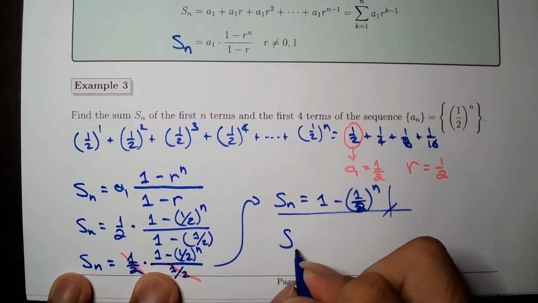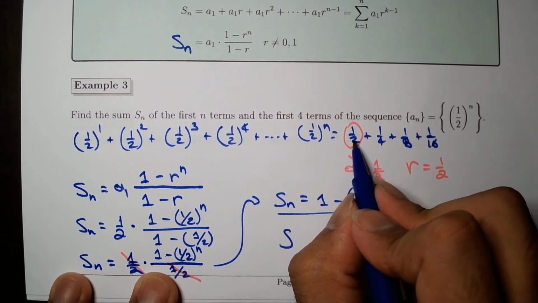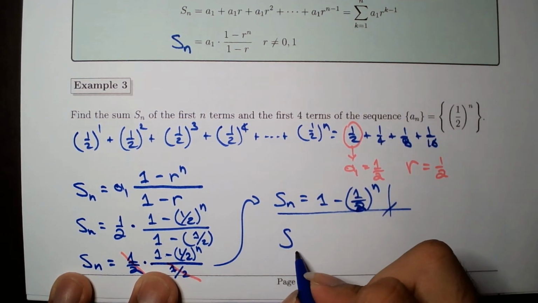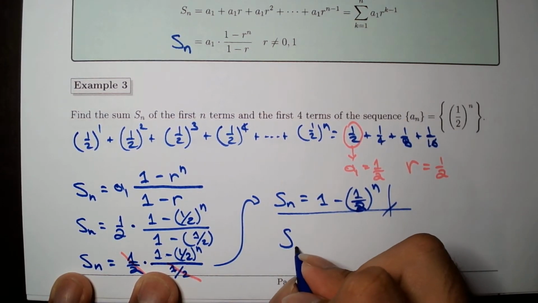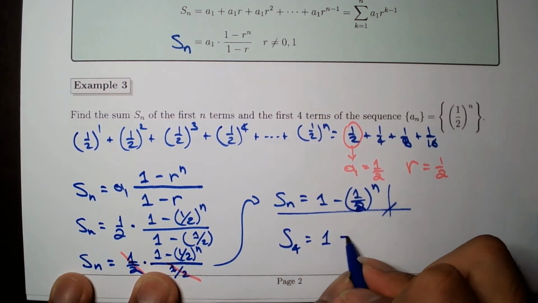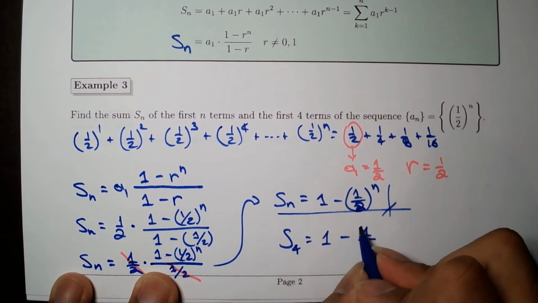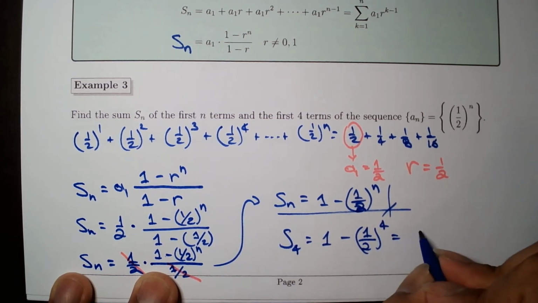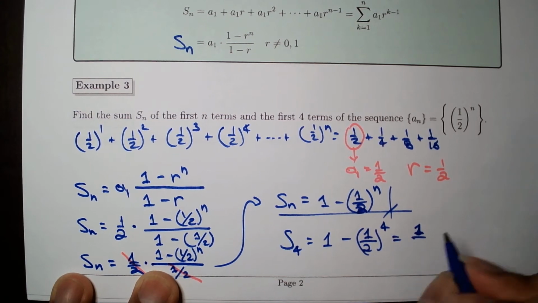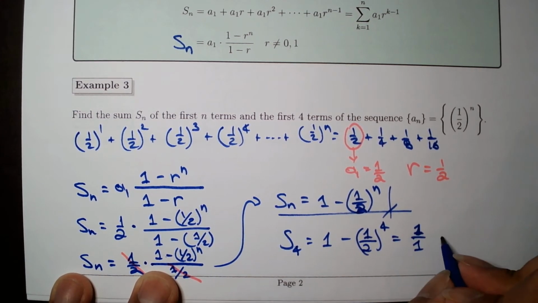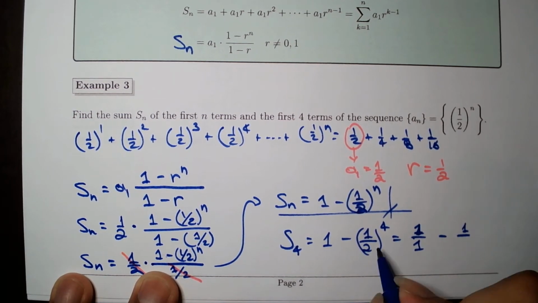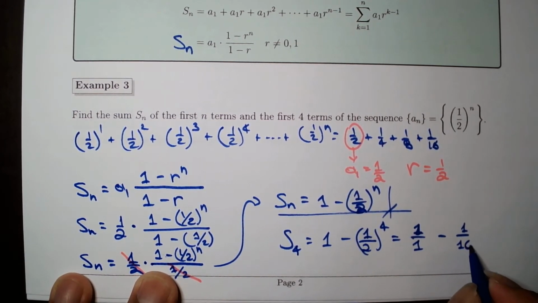Okay, so that's the expression to find the first n terms. Now let's add the first 4 terms, like 1, 2, 3, 4. Instead of adding this in the calculator, putting in all of them, let's do S sub n, in this case S sub 4. All we do is 1 minus 1/2 to the 4th power. In this case, 1 minus 1 over 2 to the 4th power, that's 16.